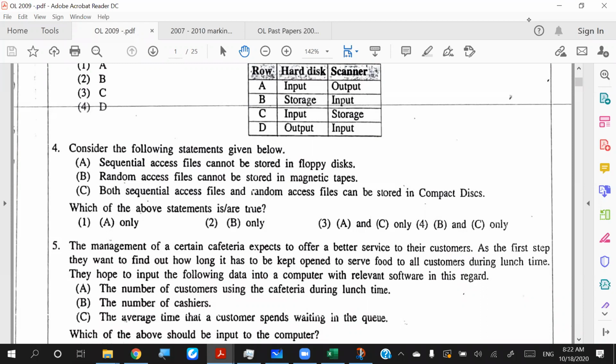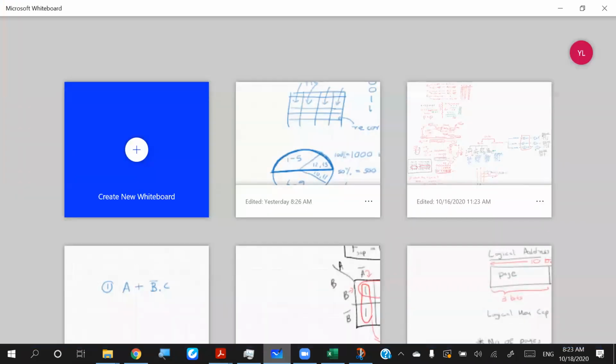So a floppy disk is something containing a magnetic tape inside it, and let me take the drawings I have done yesterday. There is a problem with my whiteboard today. Okay, never mind.